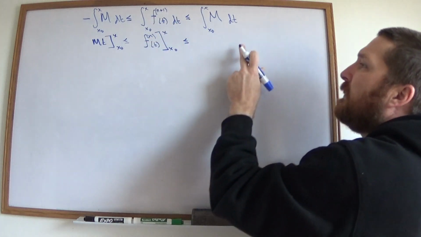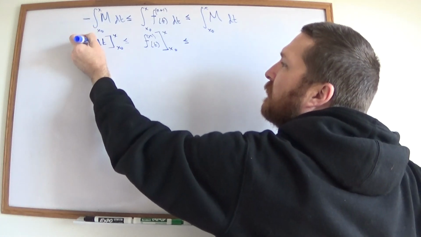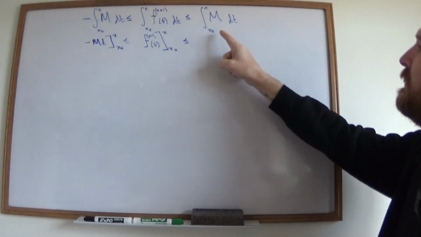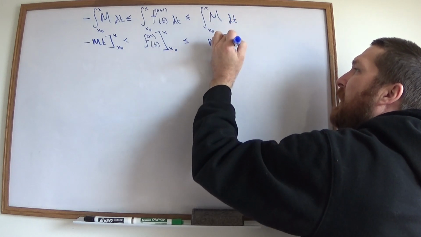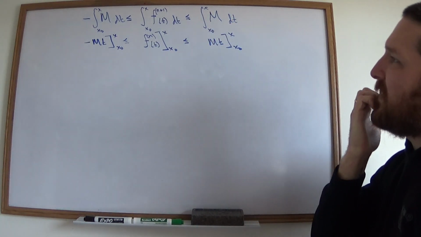Okay, same thing over here. Oh, I didn't bring that negative along for the ride. Sorry about that. This guy now is just m, so its antiderivative is m times t, evaluated up at x and down at x0. So now let's do the evaluations.